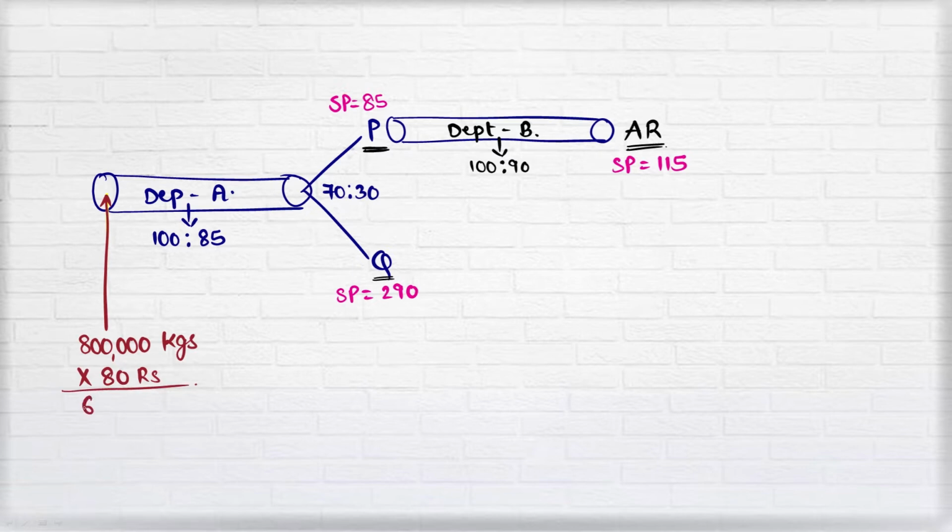What is the total answer? 64 lakhs or 6 crore 40 lakhs? It is rupees 640 lakhs.